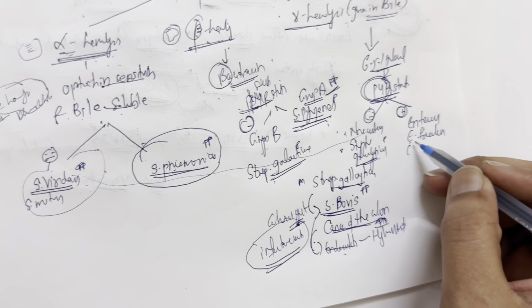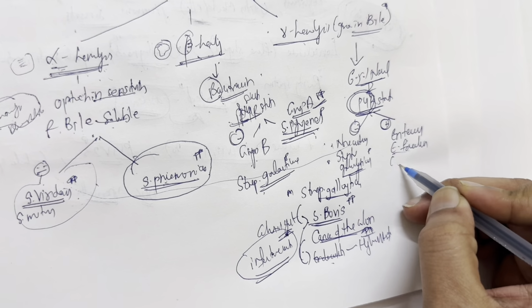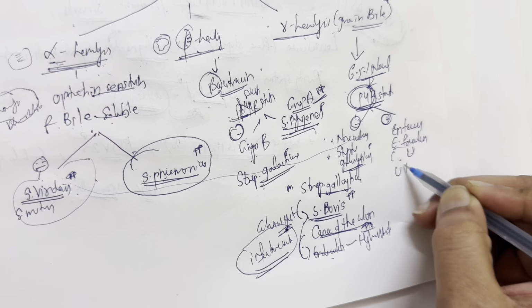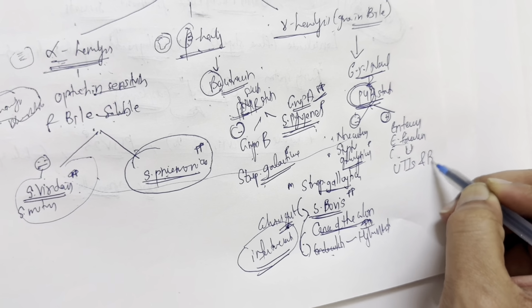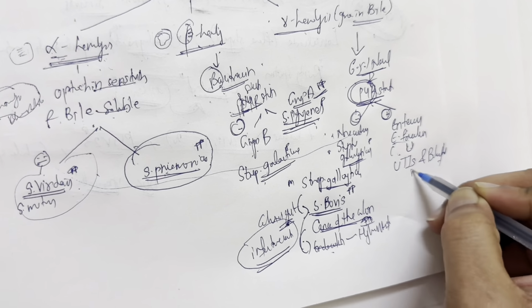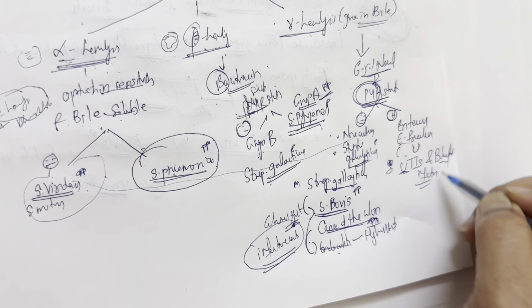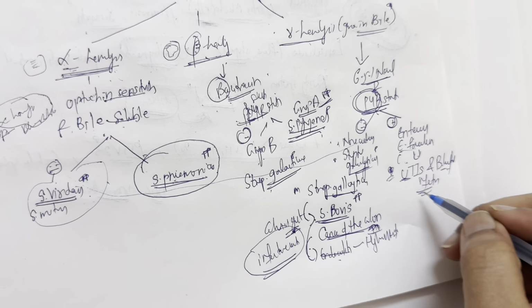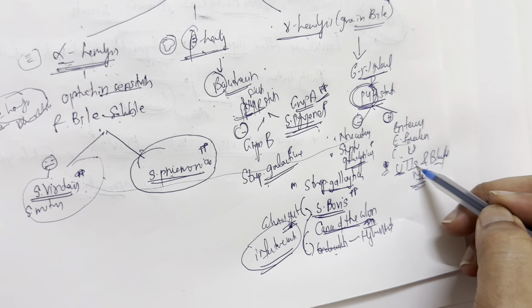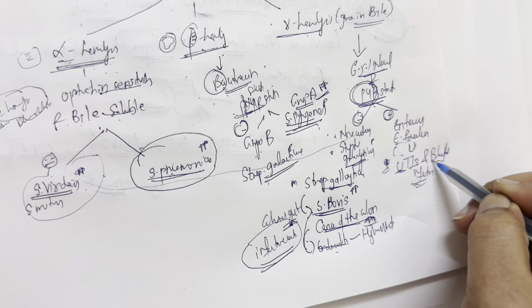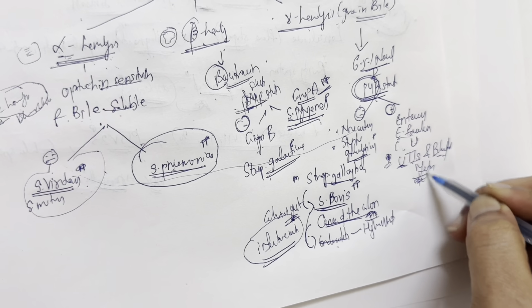Now talking about enterococci. Enterococci cause UTIs and biliary tract infections. These are the key important points. They are gram-positive cocci that cause UTI, biliary tract infections and infective endocarditis.